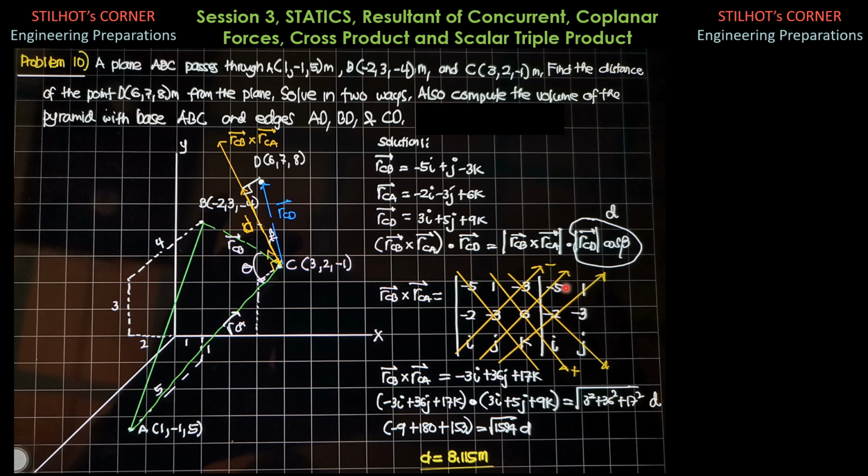We copy the elements of the first two columns, so -5, 1, -2, -3, and i, j. So the result would be 1 times 6, so 6i, minus -3 times -3, so minus 9i is -3i. That's the i component of rCB cross rCA.